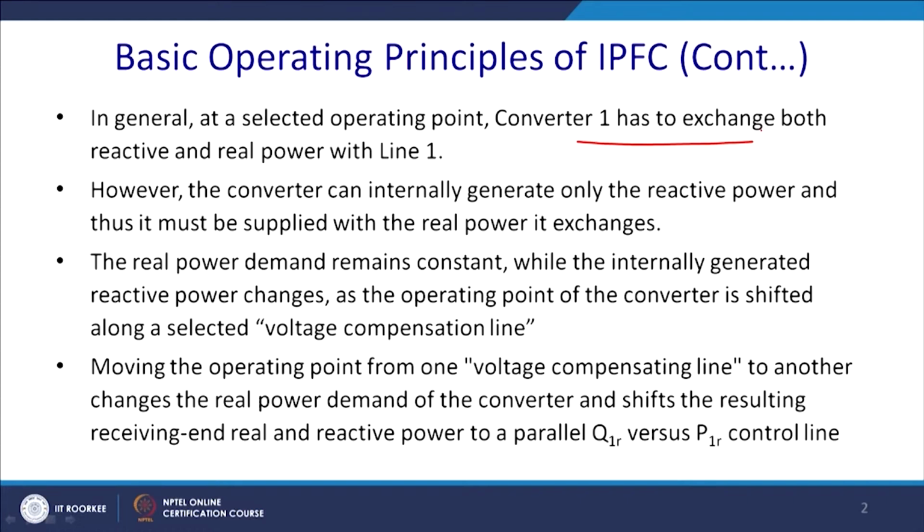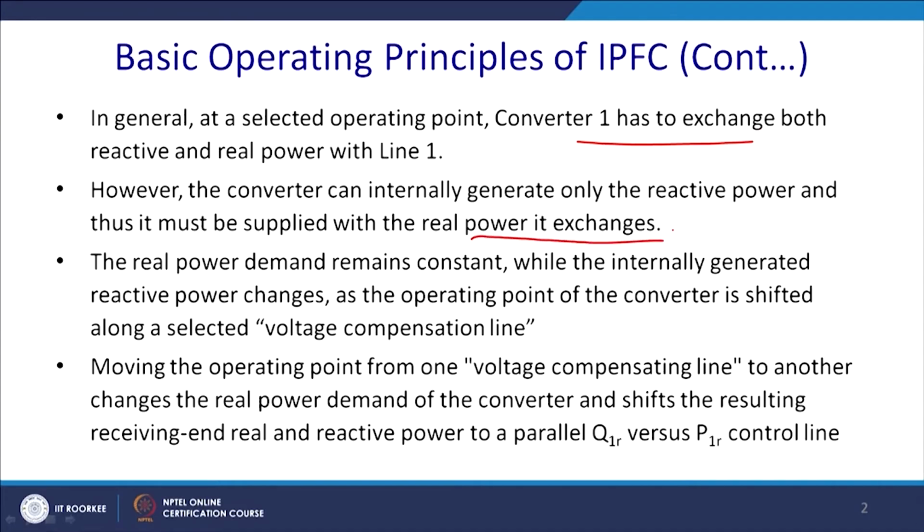However, the converter can internally generate the reactive power by managing the angle between the voltage and current, and thus it must be supplied with real power exchange capabilities and it should exchange the real power.